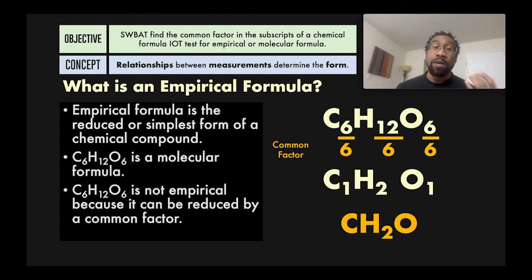And so CH2O is actually the empirical formula, whereas C6H12O6 is the molecular formula. So the molecular formula is actually scaled up from the empirical formula, and the empirical formula is reduced down to a very simple form, or the simplest form you can find. It is the simplest form with whole number ratios, okay?